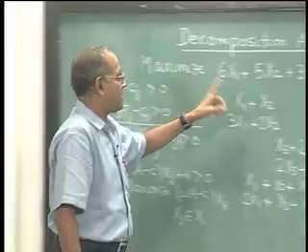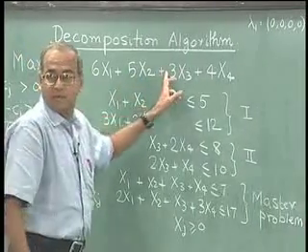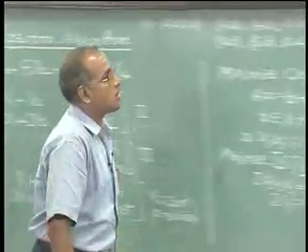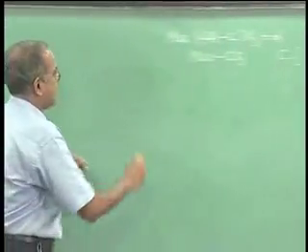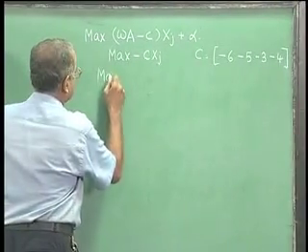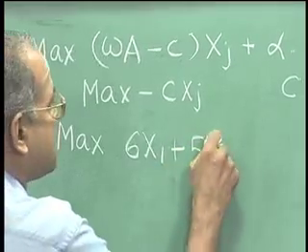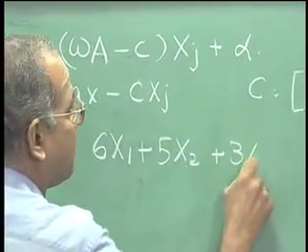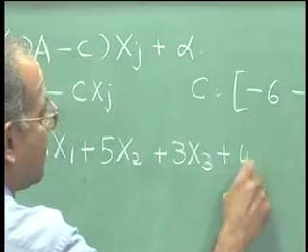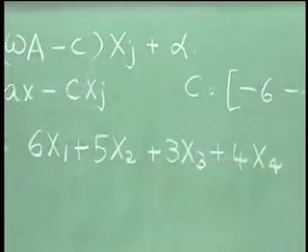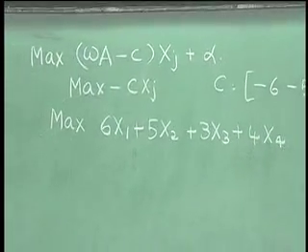So, maximize minus C xj will now become maximize 6 x 1 plus 5 x 2 plus 3 x 3 plus 4 x 4 subject to x belonging to this.